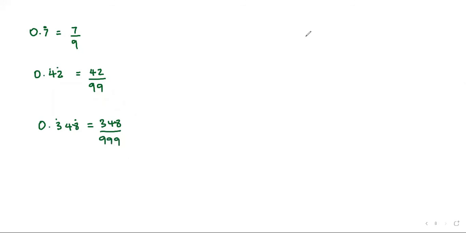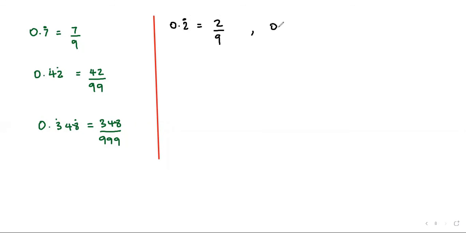So you should note that when we have one digit repeating itself, we have 9 as the denominator, and the numerator will be the number repeating itself.